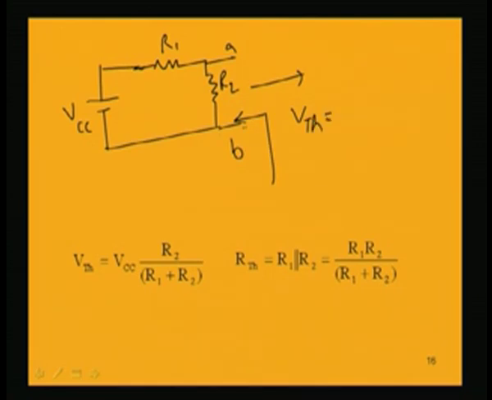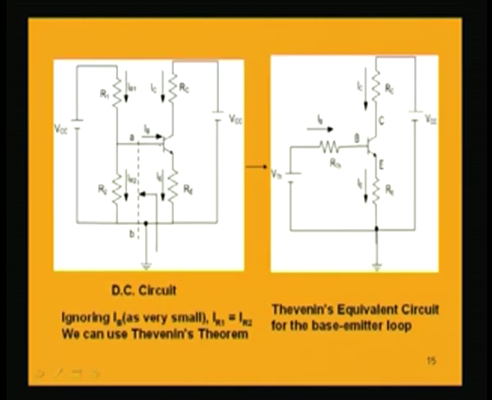It is a voltage division, provided this base current is ignored. Only if the base current is ignored can we find the Thevenin's equivalent like this, because if the base current is not ignored and there is a base current flowing, then IR1 and IR2 will not be equal.